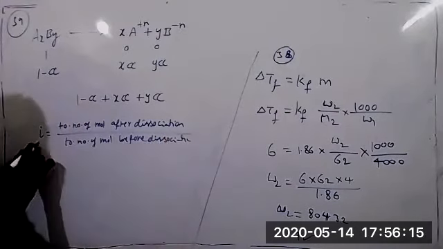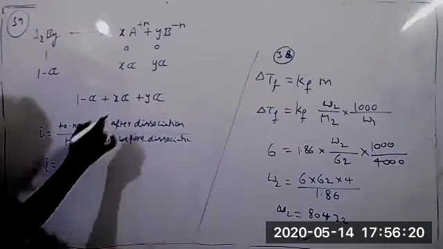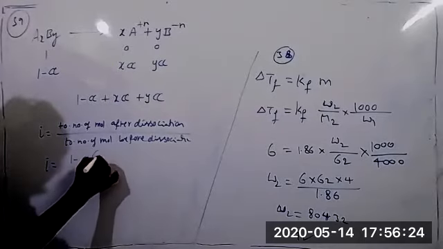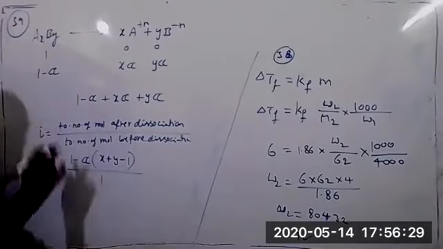So according to this, i is equal to 1 plus, taking alpha common, alpha times (x plus y minus 1), divided by 1. Initially we have only 1 mole.